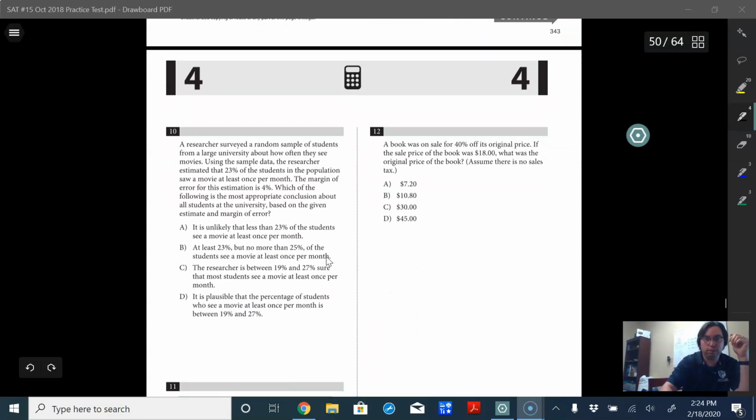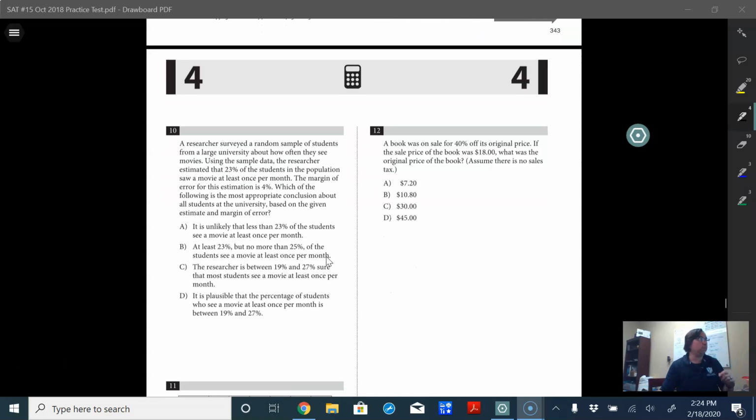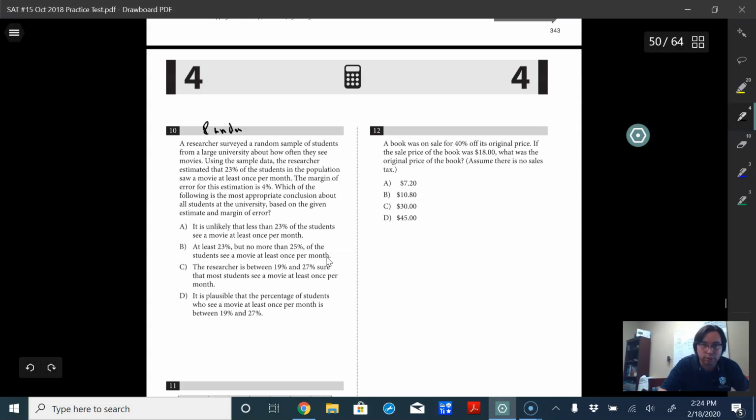All right, so let's look at problem number 10 here. We see that this is another randomization question. It says researchers surveyed a random sample of students from a large university about how often they see movies.